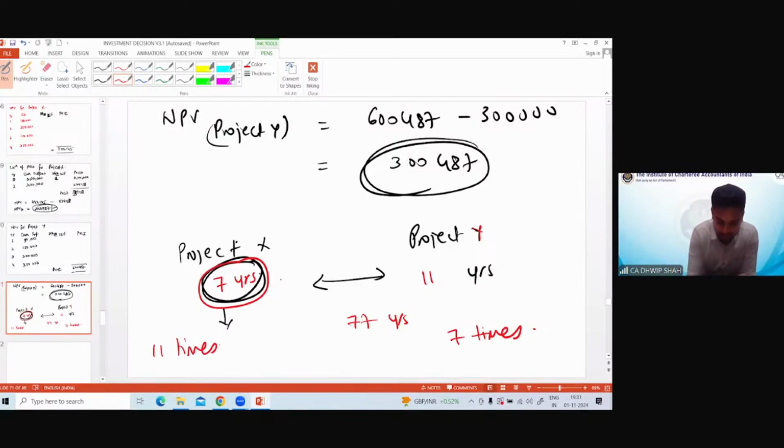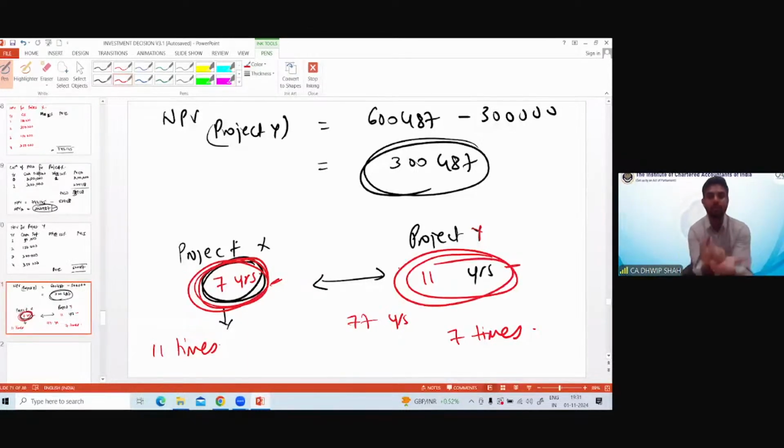But when life of project X is 7 and life of project Y is 11, we need to repeat project X 11 times and project Y 7 times to make it comparable. So can I say calculations will be very lengthy and time consuming? Are you understanding the logic?